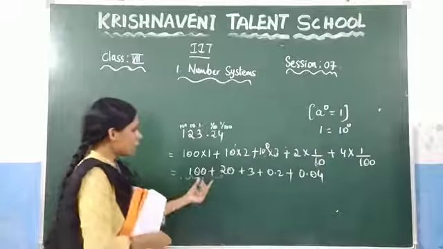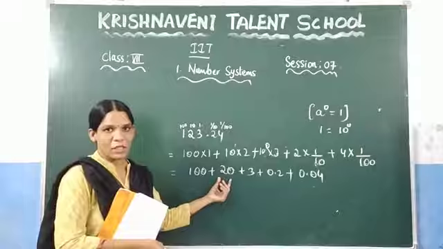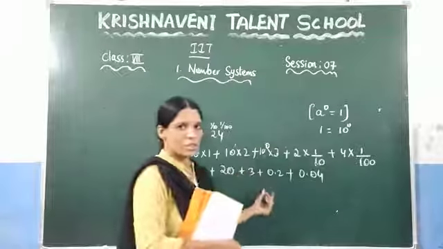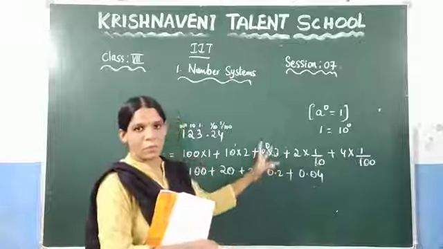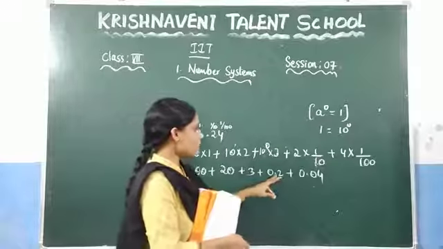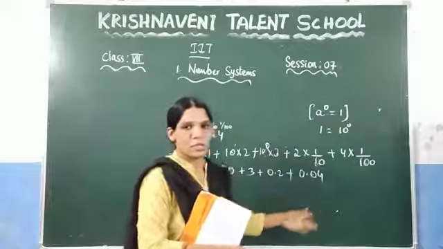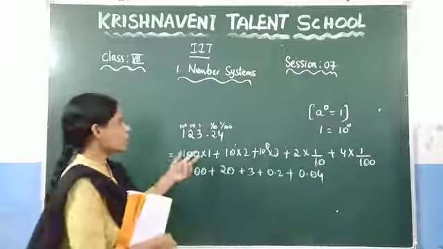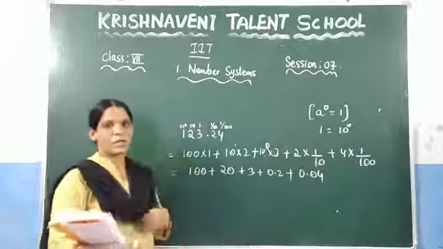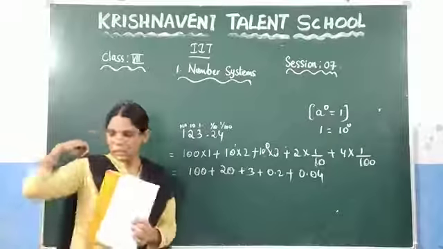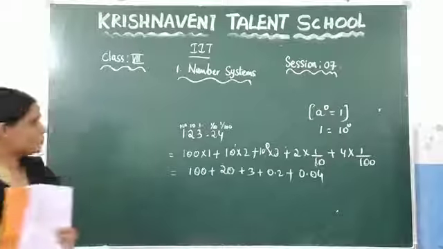So 100 plus 20 is 120, 120 plus 3 is 123, 123 plus 0.2 is 123.2, and 123.2 plus 0.04 gives 123.24. So we have expanded. Like this we need to expand a decimal number. Let us see one more.